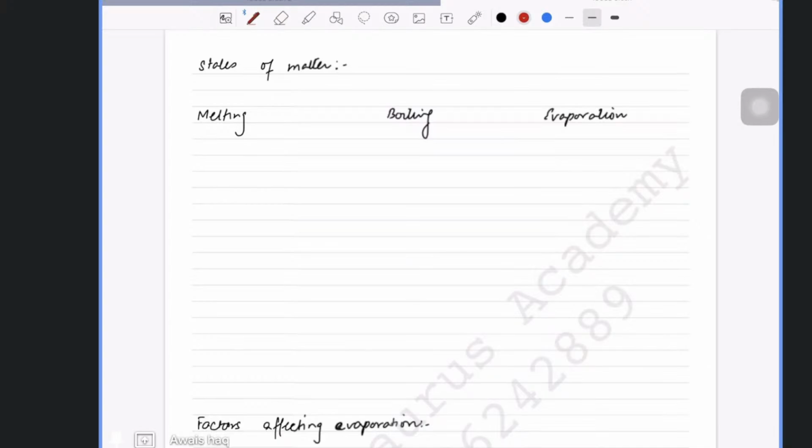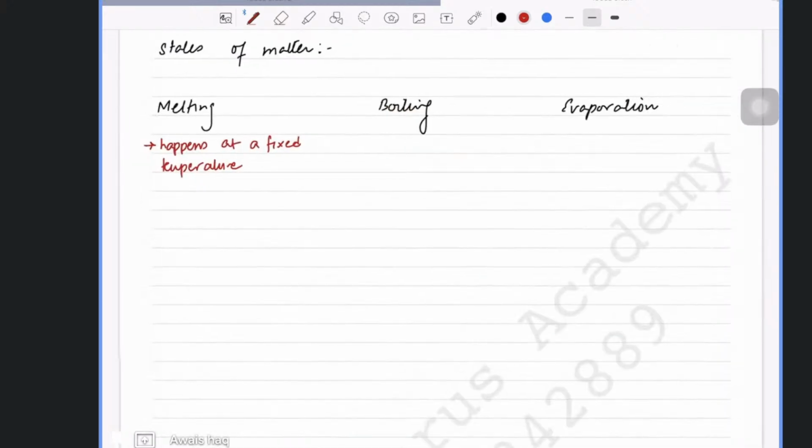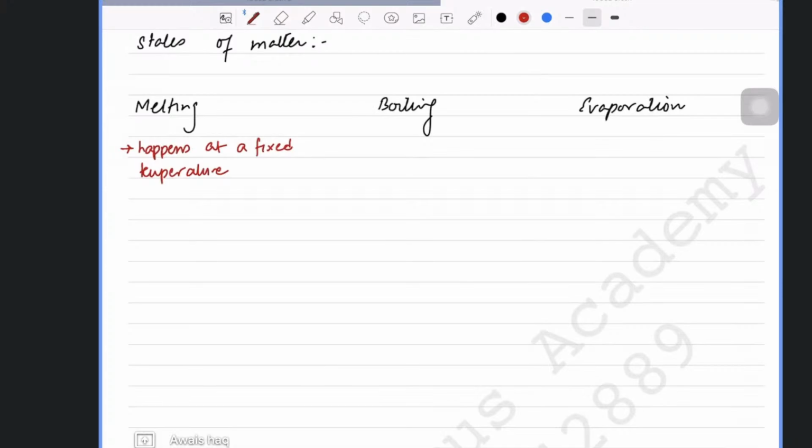Okay, so first of all, we're going to look at melting. Whenever a state is changing, it happens at a fixed temperature that we need to remember. Number two, the temperature that it melts at is unique to every material.